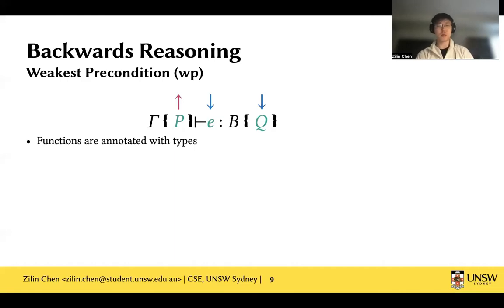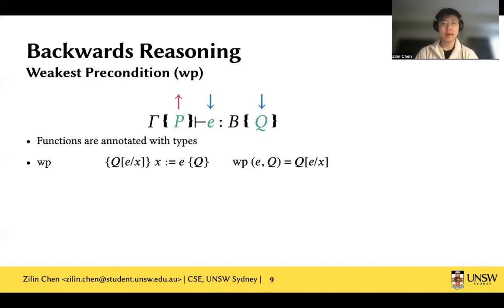So the way it works is that we take the user annotated postcondition and we work all the way backwards until we reach a weakest precondition. And if the weakest precondition is implied by the user annotated precondition, then it basically means the program is well typed. How do we define WP then?